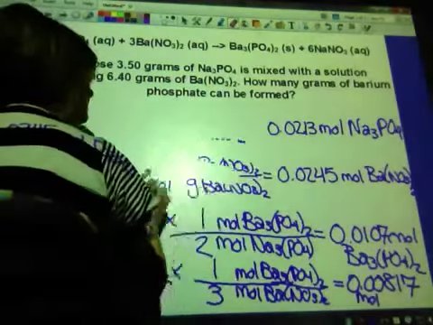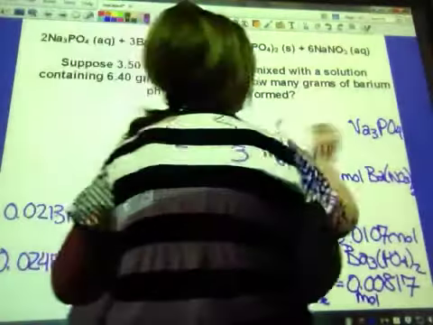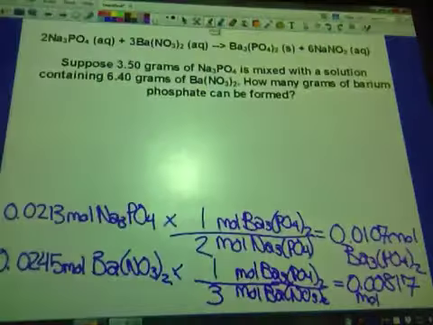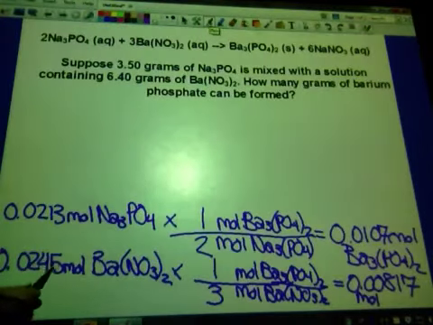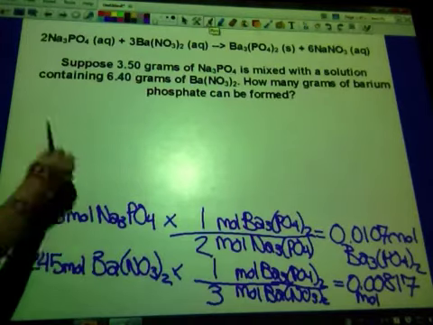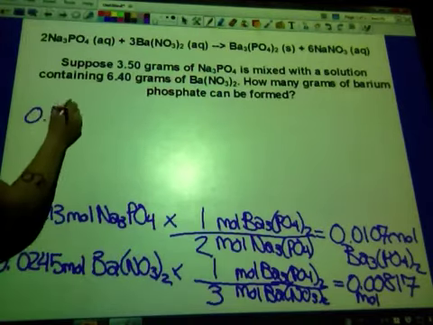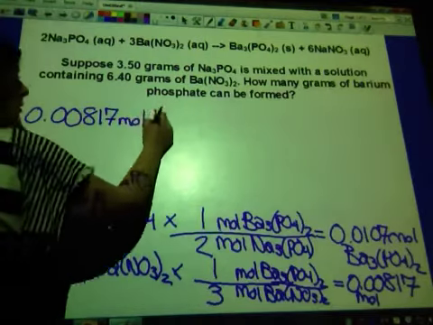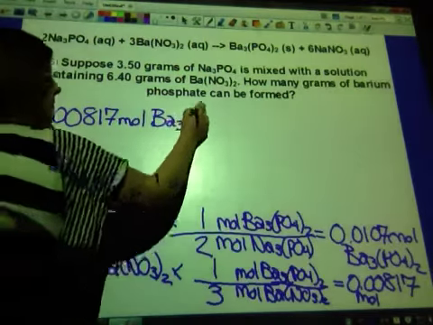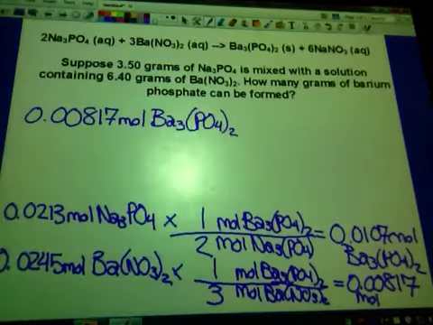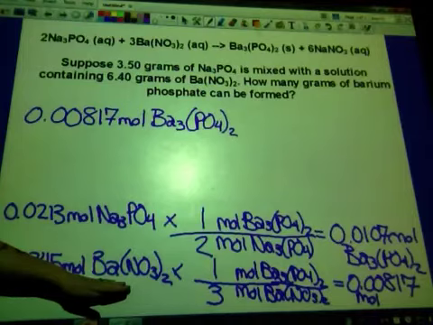So that way we're just going to start working back up here. I don't want to erase that word yet. Okay. So I just found, according to using my limiting reactant, my moles of barium nitrate, I could produce 0.00817 moles of barium phosphate. And that was based on my limiting reactant.